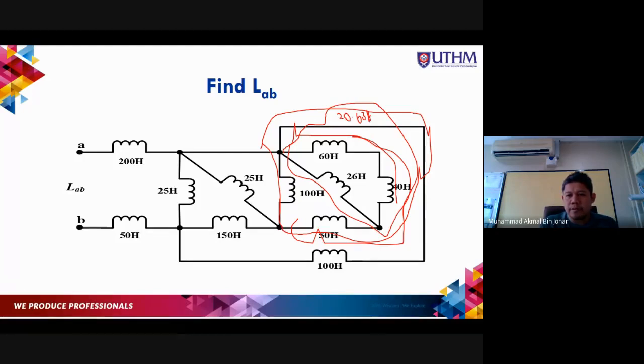Saya tak boleh. LAB is equal to 267. I will post the final calculation later on so that you can refer it to.